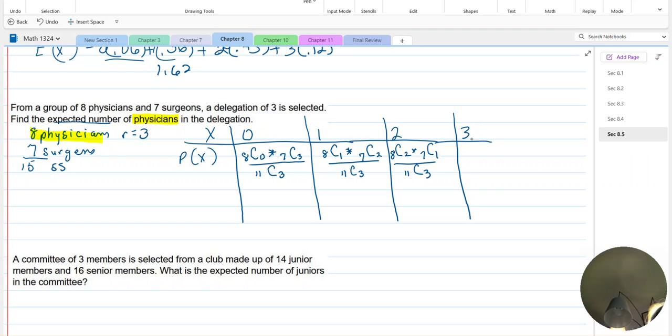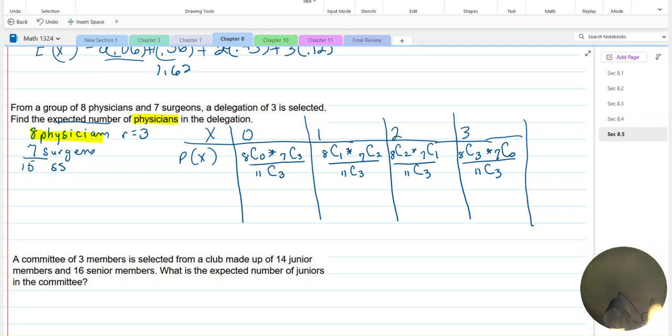For my 3, I'm going to have 8 choose 3 times 7 choose 0 over 11 choose 3. All right. So now I have all of my structure.